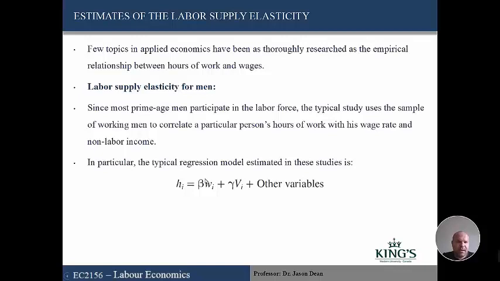So here, beta would capture the effect of wages on hours worked holding income constant. So that would be the substitution effect. And here we would be looking at a change in income. So gamma here would reflect a change in income holding wages constant. And then other variables, so we would have control variables in there to try and ensure that we're looking at a causal effect.